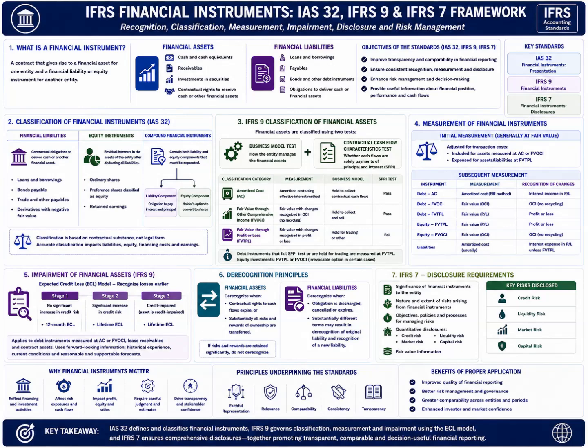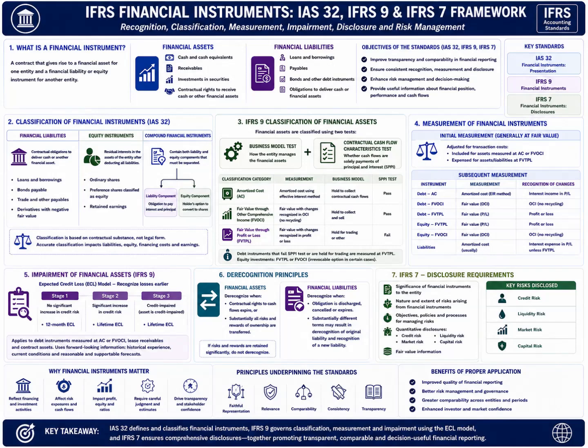The ECL model uses forward-looking information, including historical experience, current conditions, and future economic expectations. Financial assets move between stages depending on changes in credit risk, affecting the amount of impairment recognized. This proactive impairment approach improves transparency and ensures earlier recognition of potential credit losses, thereby strengthening the reliability of financial reporting information.